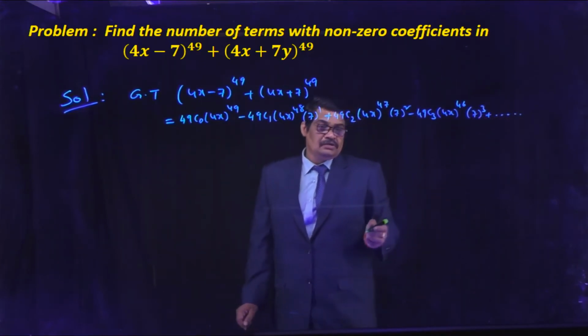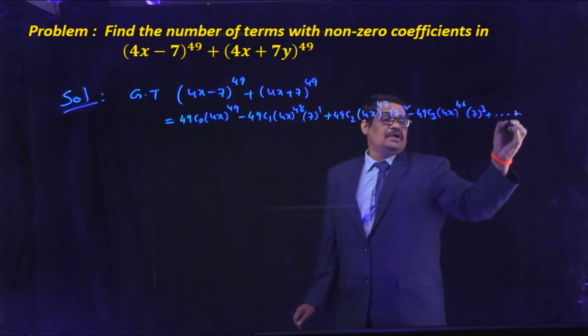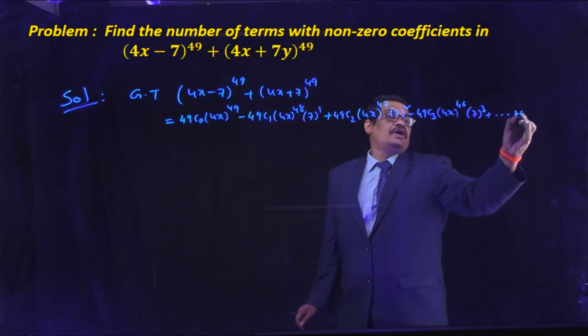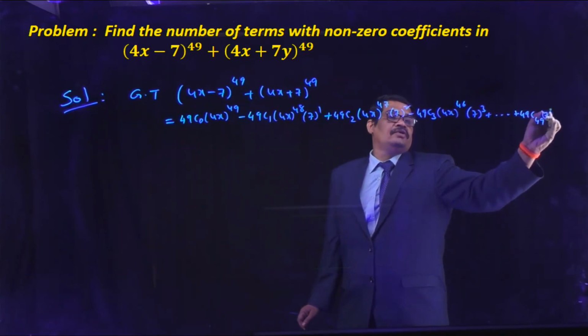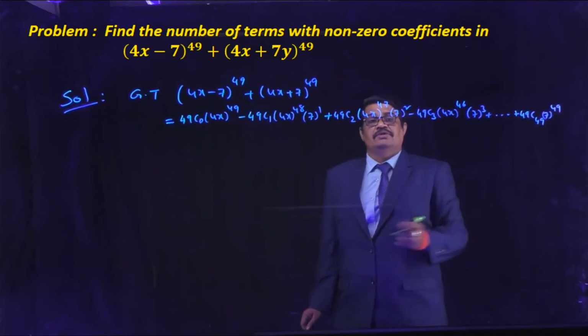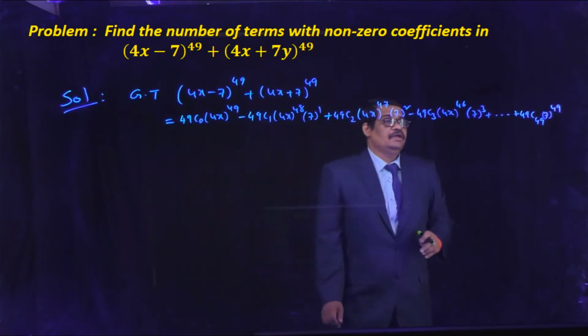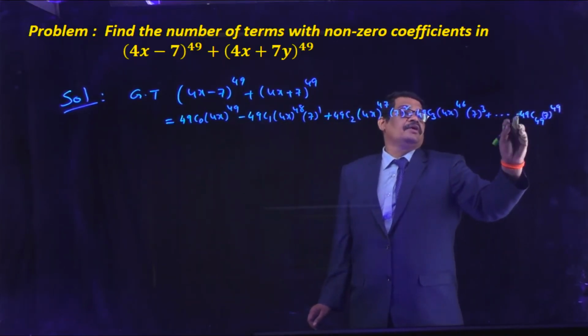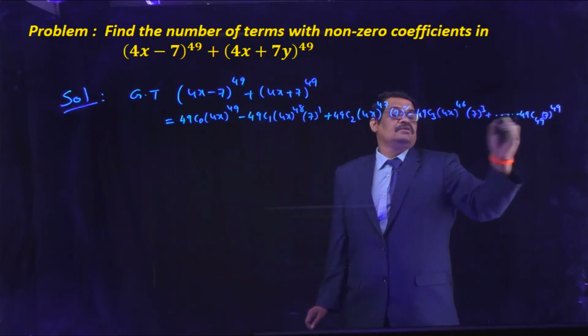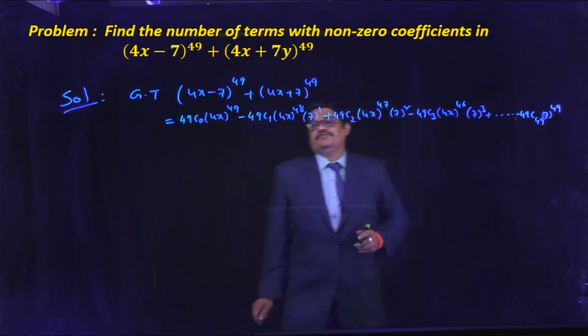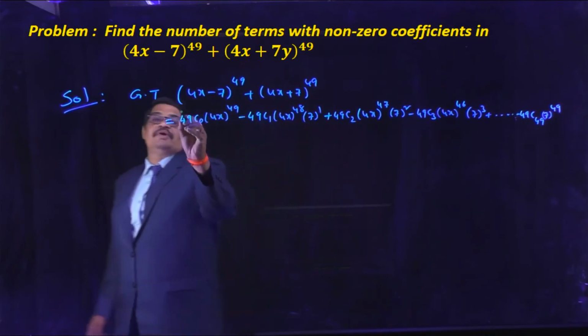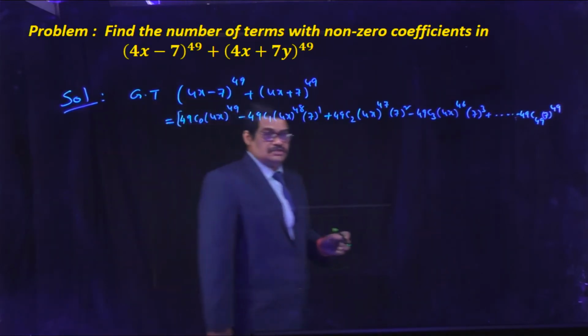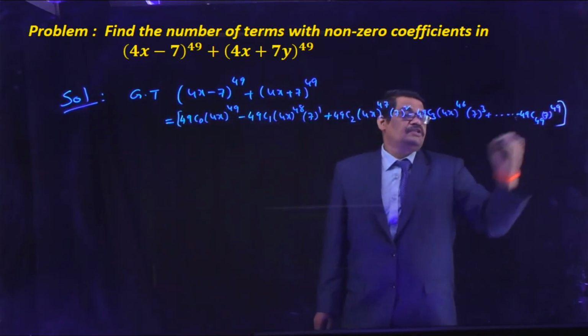The last term is 49C49 7 to the power of 49. Here the 49 is odd, so the last term is negative. This is the expansion of (4x minus 7y) whole power 49, so this is the expansion of the first expression.